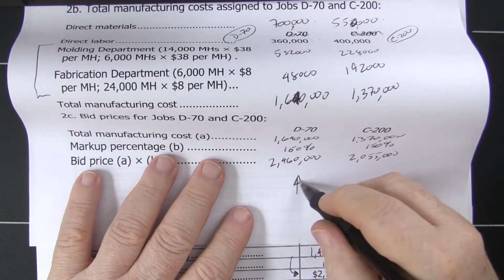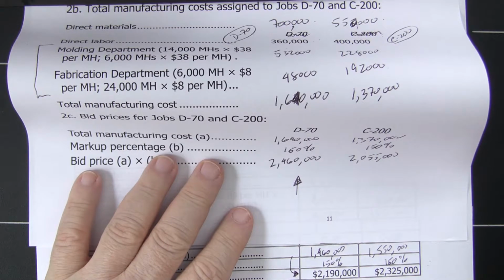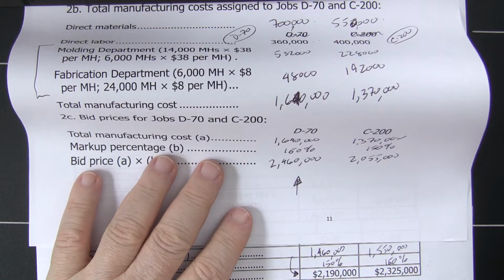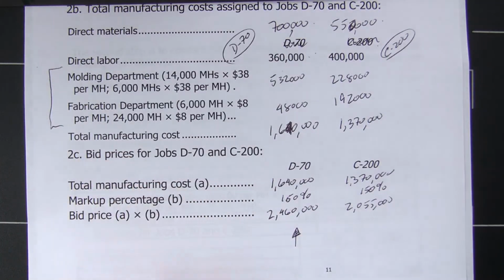They believe this number is more accurate because it reflects more accurately the use of the overhead. I believe you could make that argument either way. You could say, well, it really doesn't make any difference because everybody's got a share in the overhead. The other argument is, well, the products that use more in each department should pay more overhead for that department.